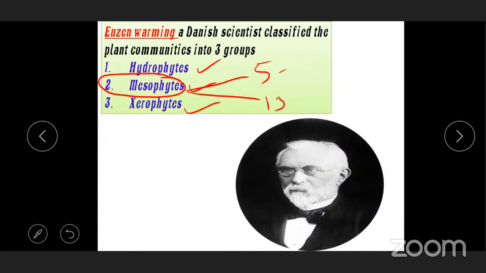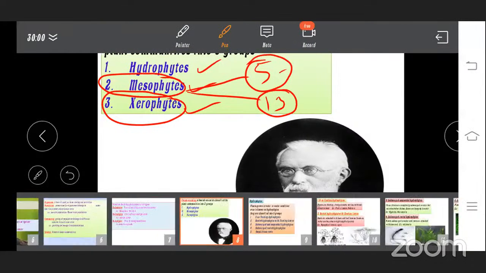Morphological characters are given in the 5th chapter, and anatomical characters in the 13th chapter. That is why no information about mesophytes is given in plant ecology. So directly we will go to xerophytes. In the next class, we will discuss xerophytes.